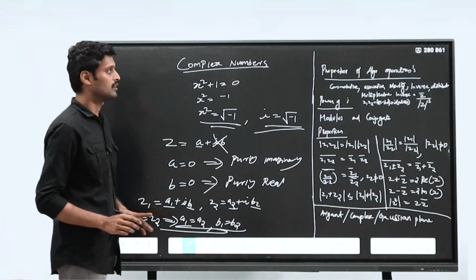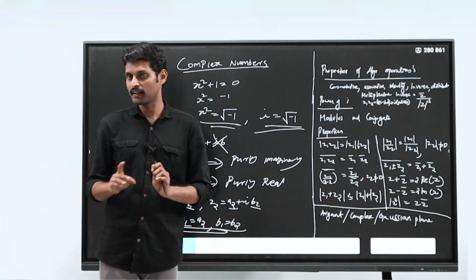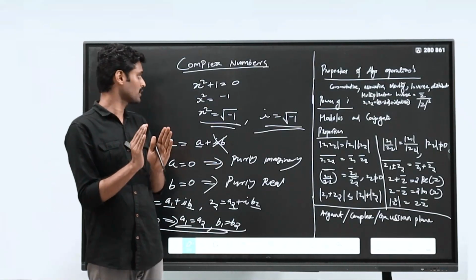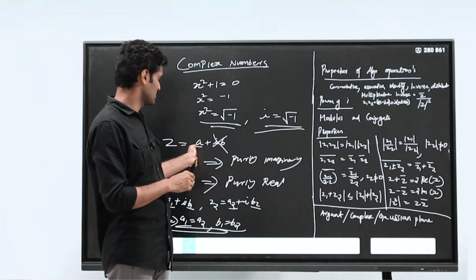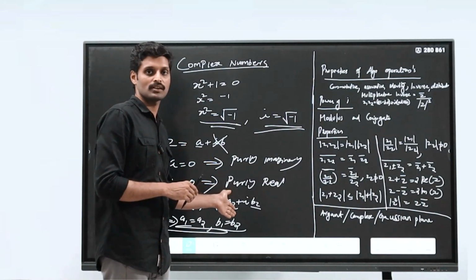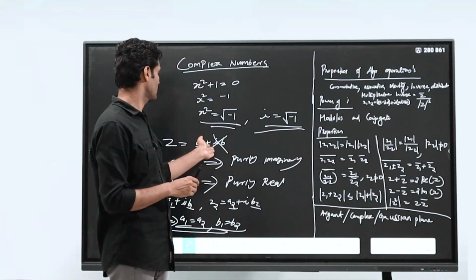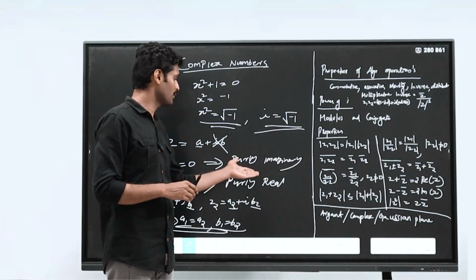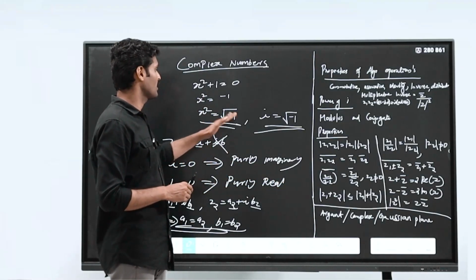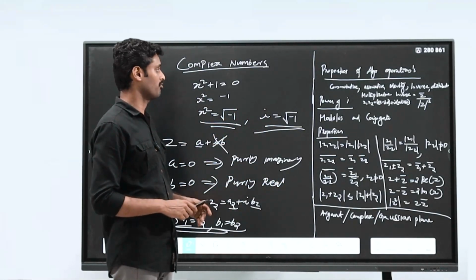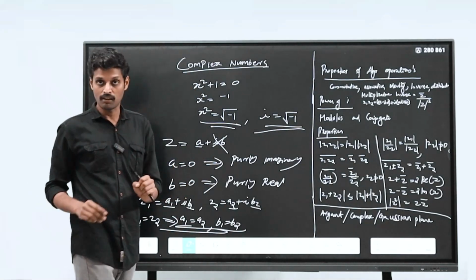Okay, fine. So you got the basic idea of complex numbers and their properties, like when two complex numbers are equal, what is purely imaginary and purely real, and what is iota.